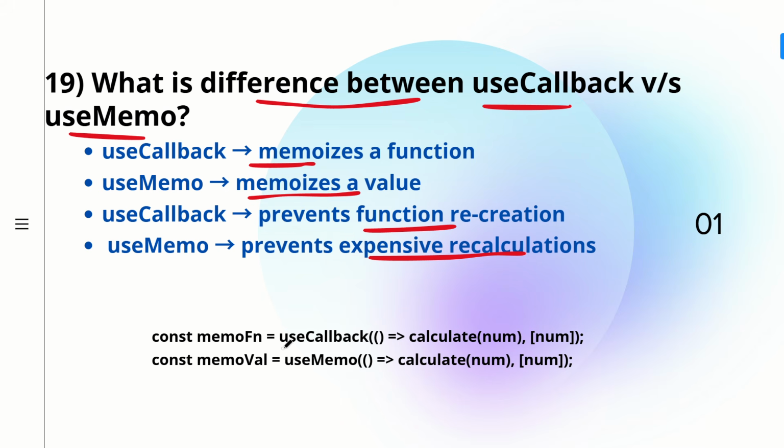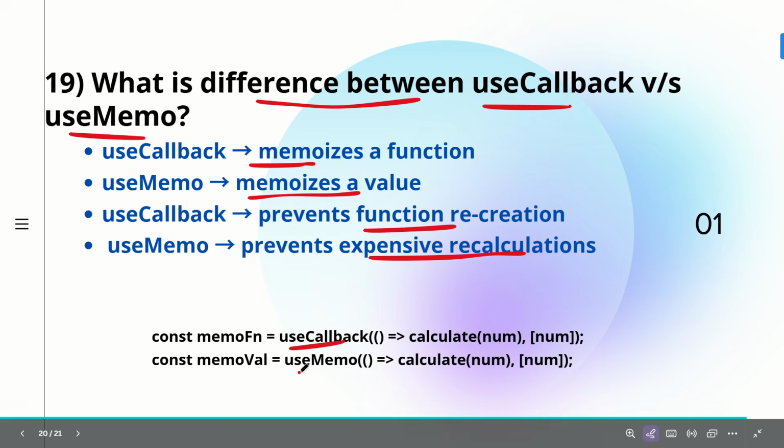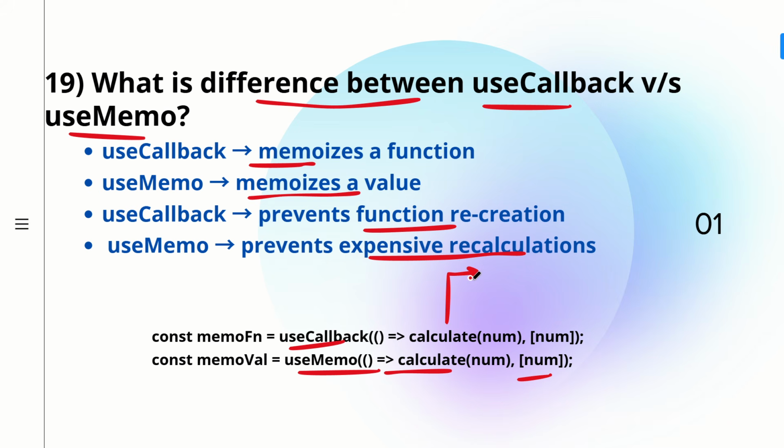Let us see the code syntax. You can see the syntax of both of them is the same. They expect a callback function, and then there will be a dependency array in both of them. In useCallback, you are saying that in case anything changes with this variable, then only create the function again, else there is no need of recreating the function.